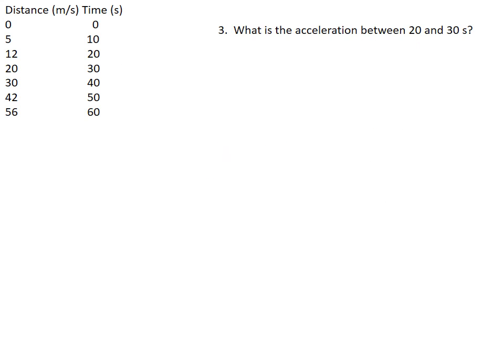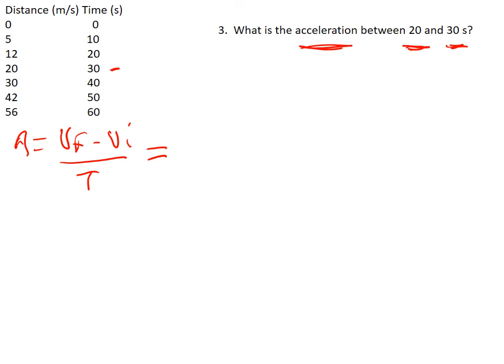This one we're going to figure out acceleration. We're going to figure it out between the time of 20 and the time of 30 seconds. So first we need our acceleration equation. So acceleration is equal to final velocity minus the initial velocity divided by the time it takes to go from those two speeds. Final velocity would be the last recorded speed. Well, that would be at the 30-second.